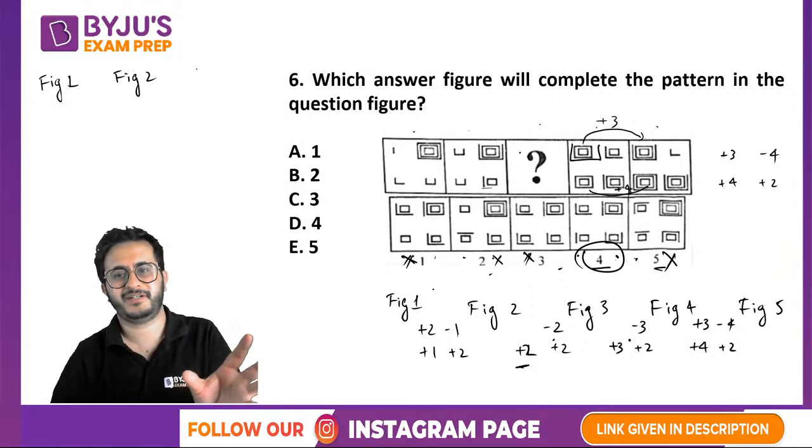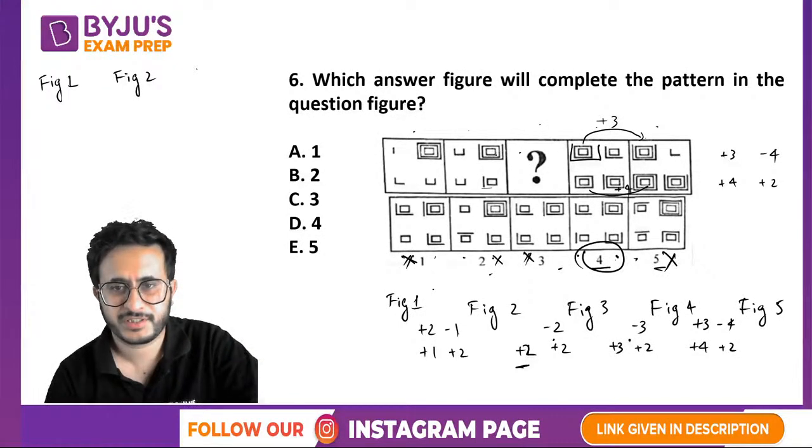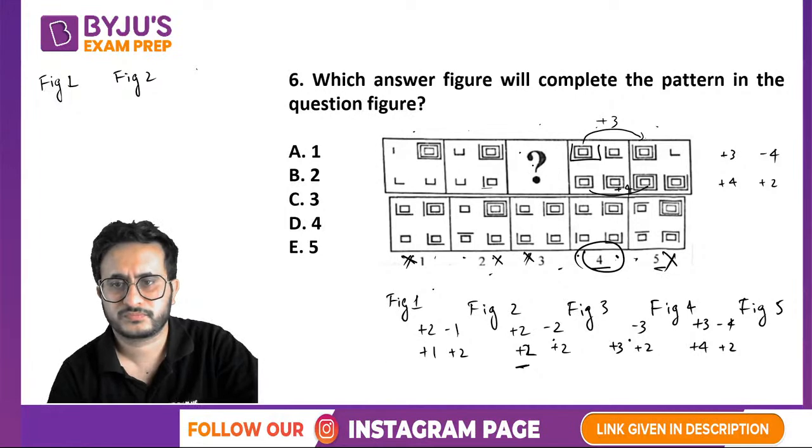Okay, so it's a difficult one, right? Sometimes it becomes quite challenging to solve such ones. Okay, and what will happen to this? This will be +2. And from here to here it will be +2 again. But why +3 in this scenario?